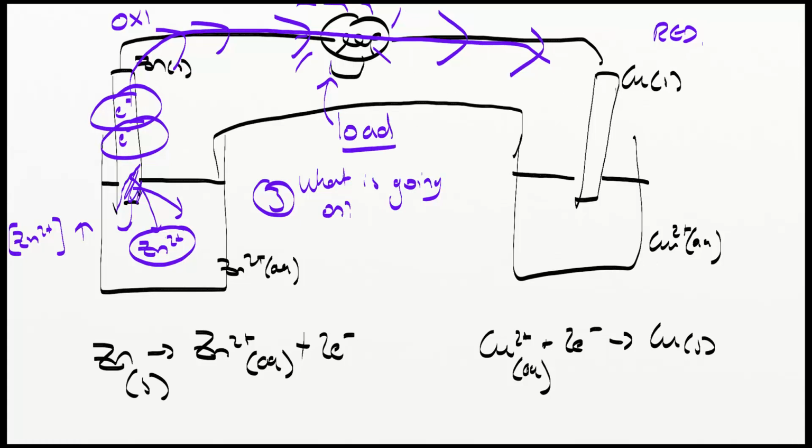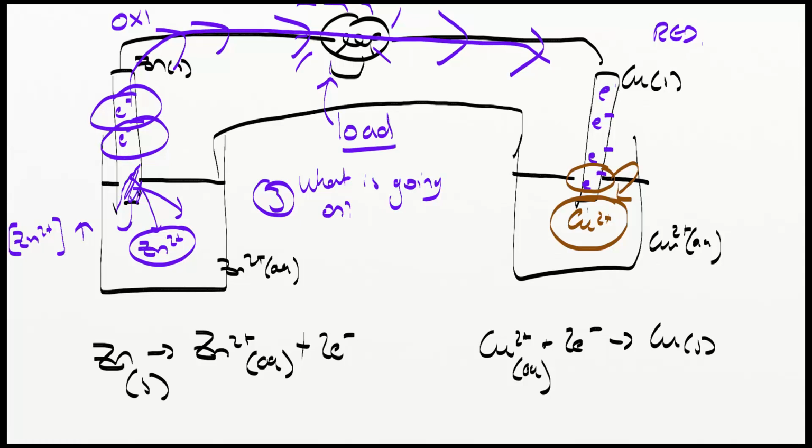The copper solid itself doesn't do anything to the electrons. It just carries the electrons along until they can come into the solution. Inside the solution over here, remember it's copper 2+ ions that really love the electrons. So there'll be a bunch of copper 2+ ions stuck to the surface of the electrode, and then the electrons will be absorbed into the copper 2+.